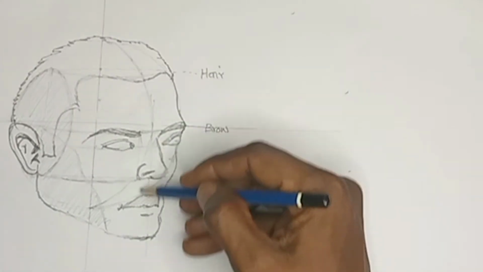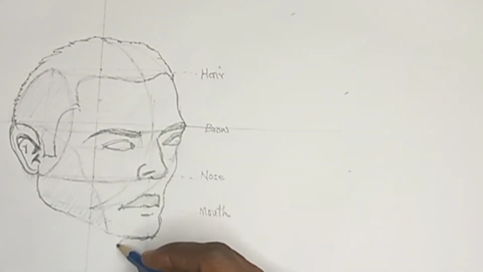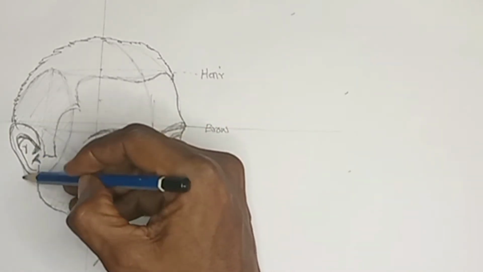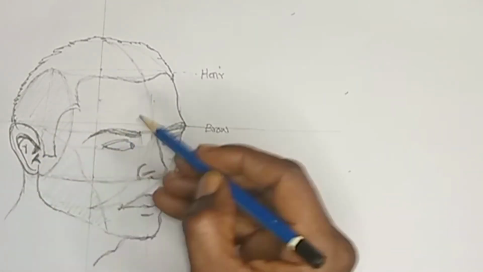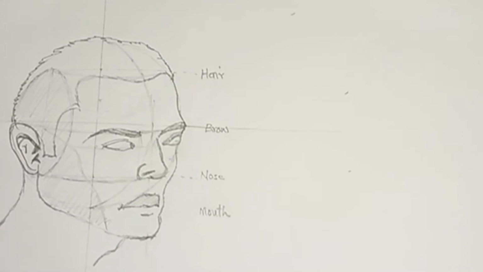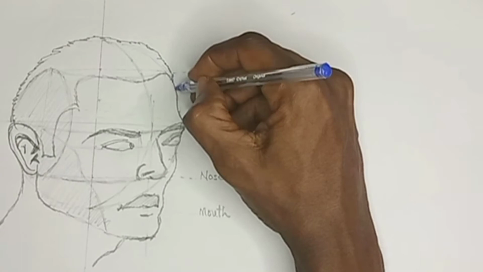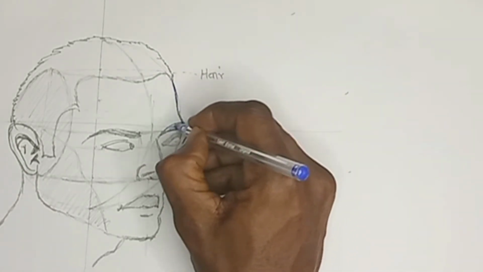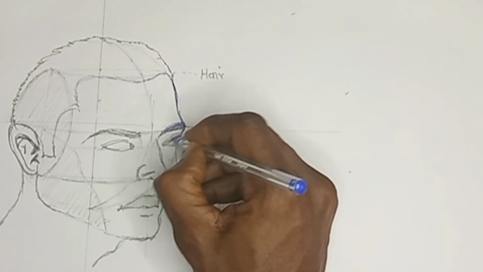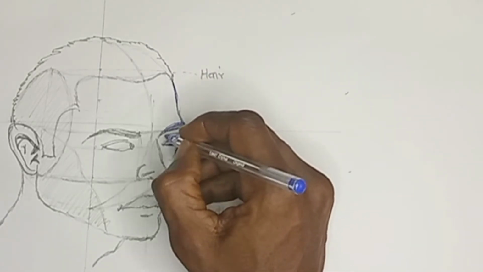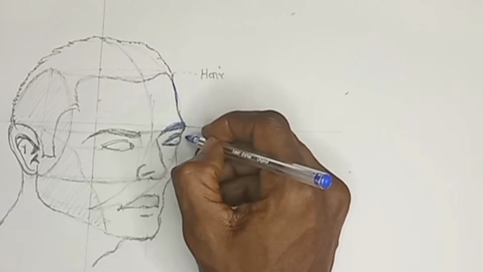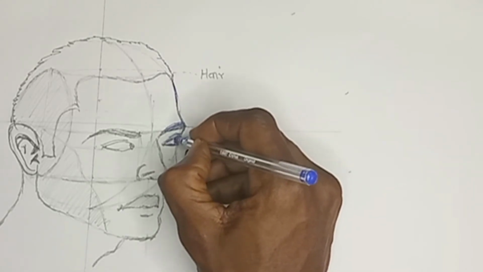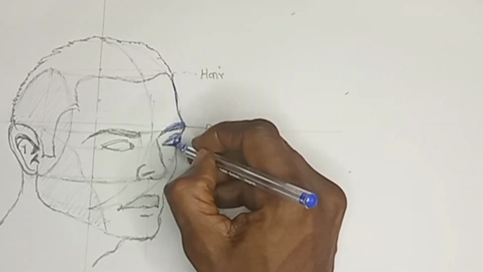You can shade if you like, the neck. Now I'm using a pen to darken it, using it for the features and not the construction lines.